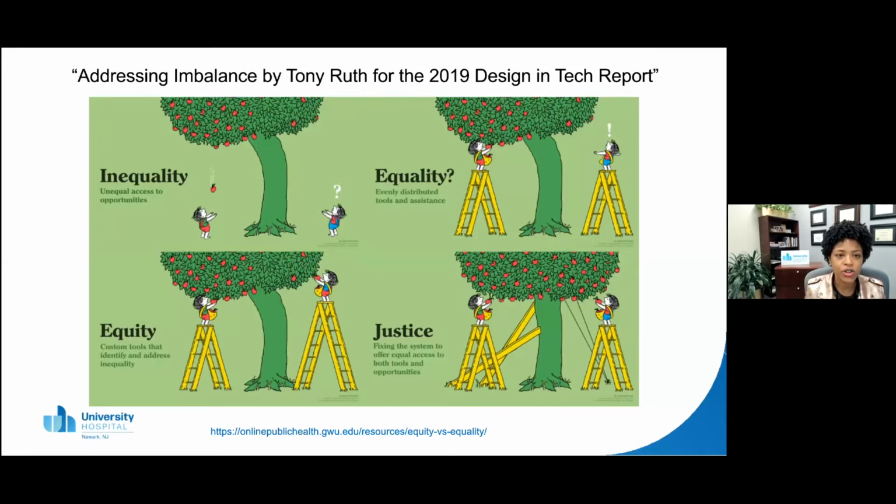So here you see Addressing Imbalance by Tony Ruth, originally appeared in the Design in Tech report in 2019. It shows you a tree that is skewed in one direction, and two individuals on either side of that tree. In addition to noticing that this tree is skewed in one direction, you notice that the fruit proliferates on one side of the tree.